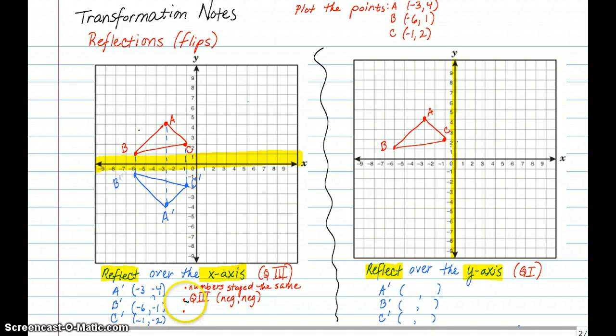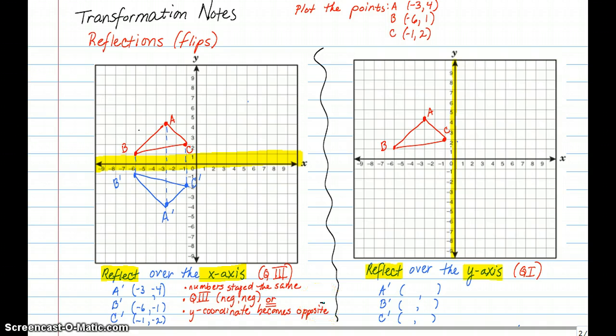Or you can go ahead and say, okay, when you reflect over the x-axis, the x-coordinates will stay the same sign, but the y-coordinates will change to a different sign. It's just however you want to think about it. So when you reflect over the x-axis, the y-coordinate becomes its opposite. You can think of it either way. So this is kind of an or type way of doing it.